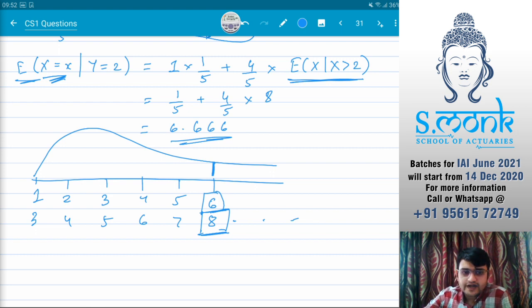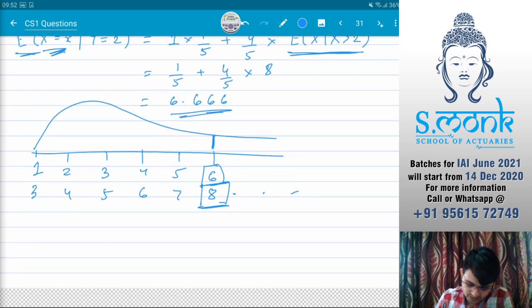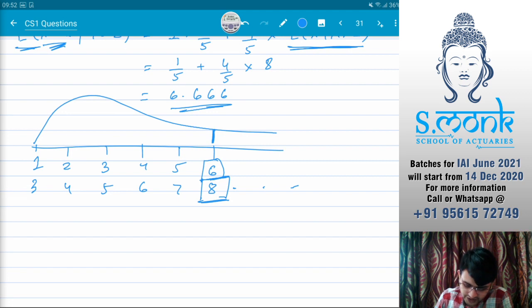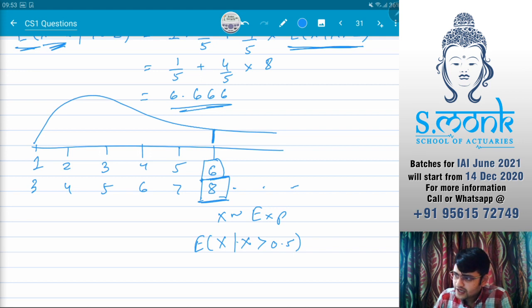This is the same thing that happens with geometric, negative binomial or exponential distribution. So in exponential distribution, if you have something like expected value of x, where x follows, let's say, exponential distribution, where they are saying x is greater than a particular value, let's say 0.5, you'll have to convert your distribution in such a way that your 0.5 to infinity is going to follow an exponential distribution.